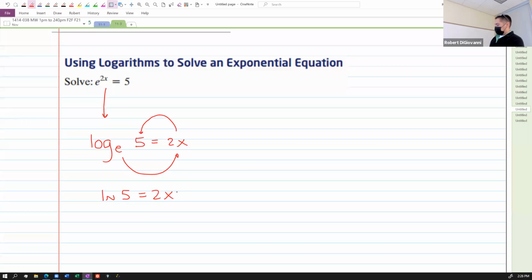And when I do that on my calculator, I get on the left-hand side 1.6094. It goes for a long time, but I'm just going to go to 4 decimal places. 1.6094, and then I'll just divide everything by 2. And I get 0.8047 equals x.